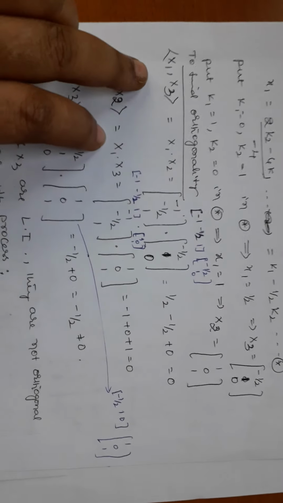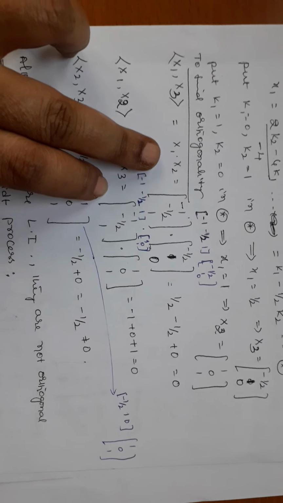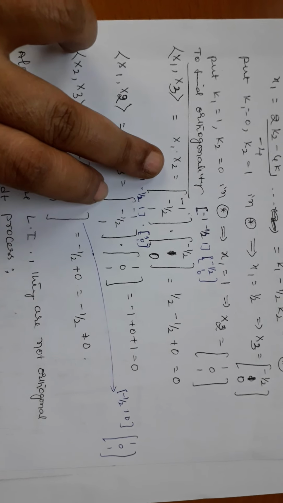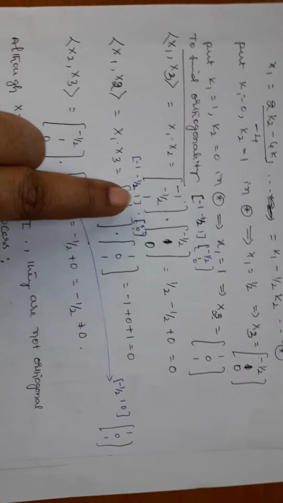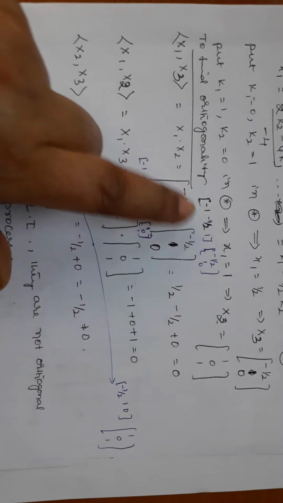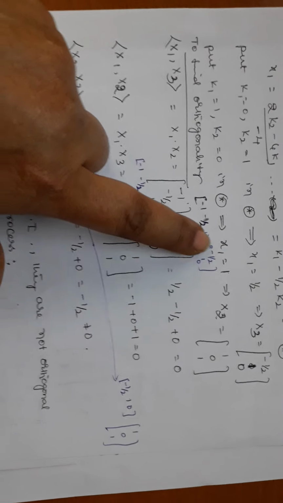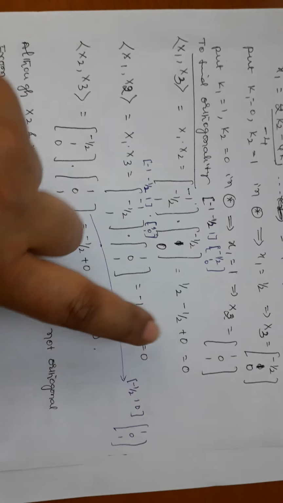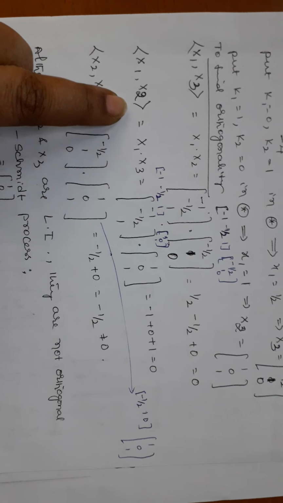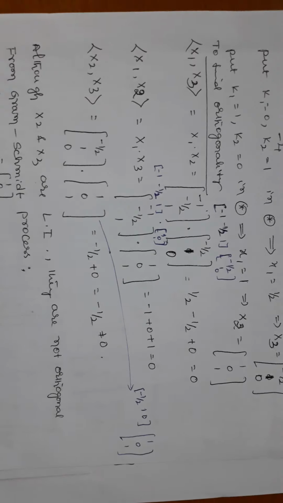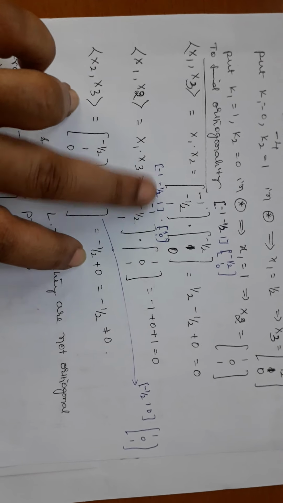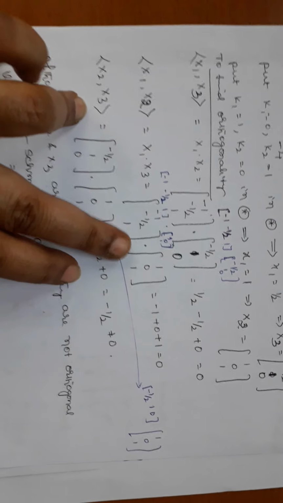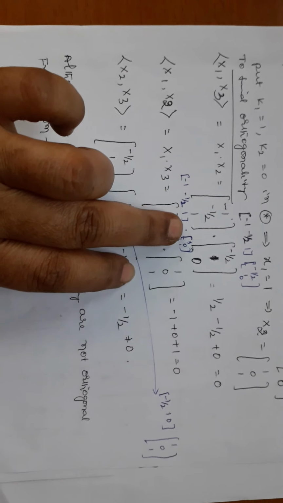Then we have to find the inner product. The inner product of x1, x2 is x1 transpose x2, depending on the vector. Here the vector is a column, so transposing makes the column a row, and row times column gives 0. Similarly, the inner product of x1 and x3 is x1 transpose into x3, which also gives 0. Are you clear?